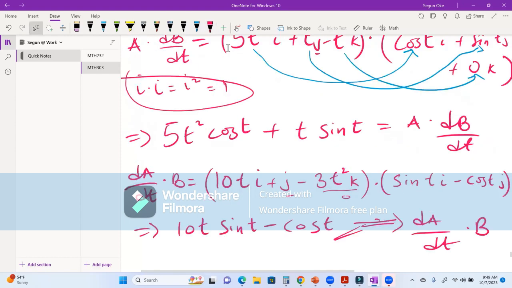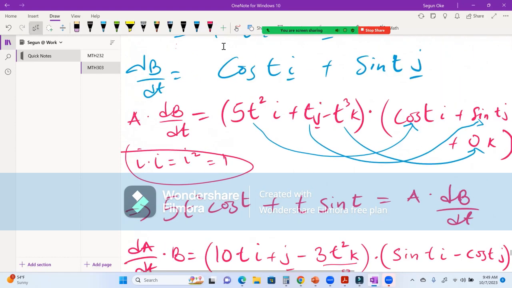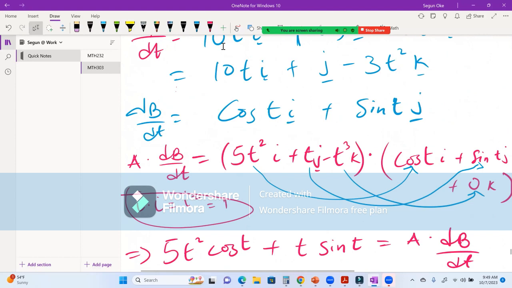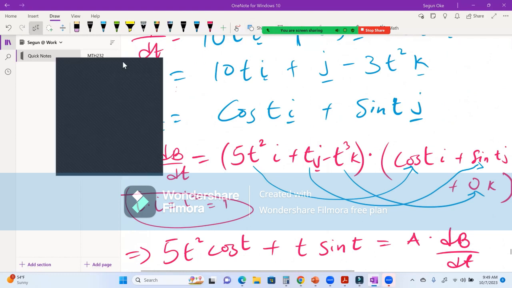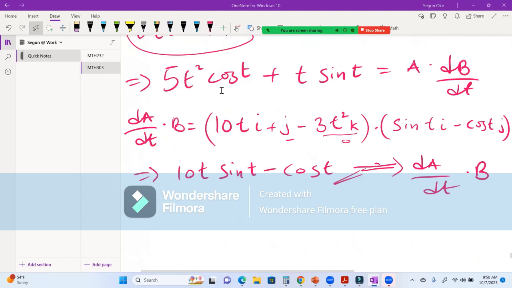Now that we have this, what else do we need? We now need to match the two together. When you add the two together, what do we have?